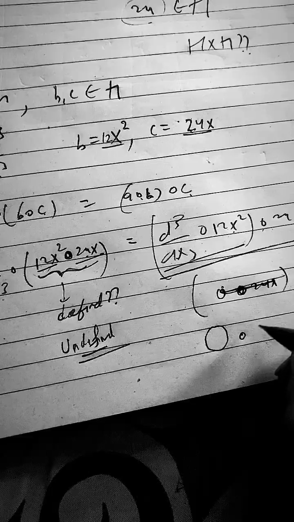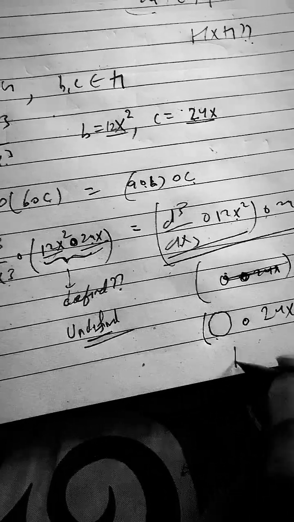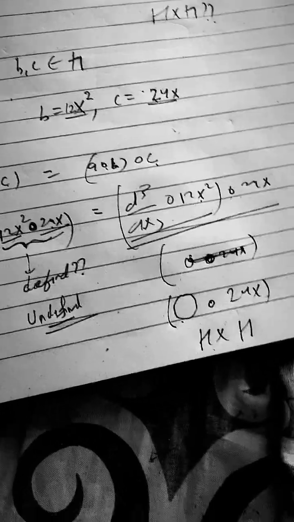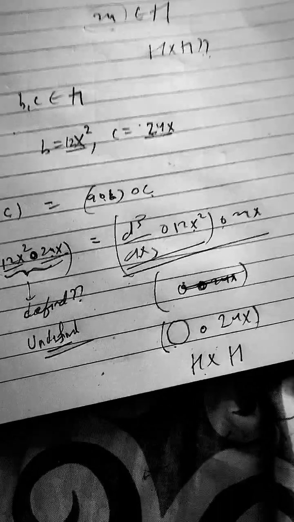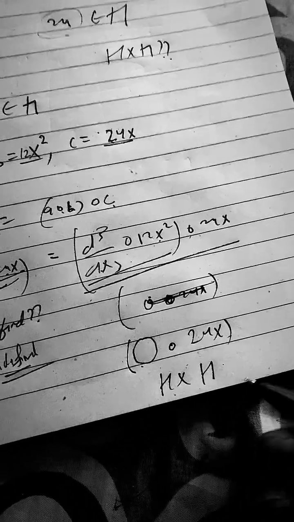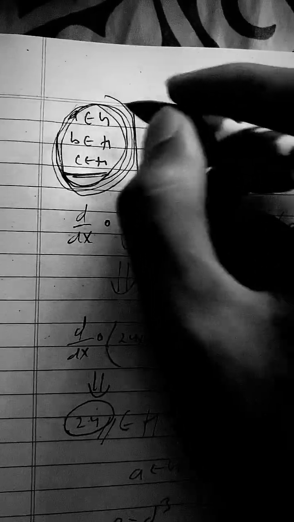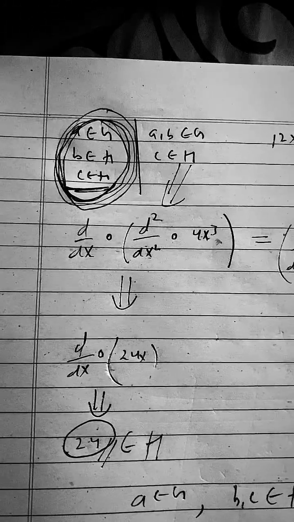Now this operation O acting on this element 24x. What is this? This is again H cross H, and this is again not defined. You see, we don't know what this is. It means the first has failed. We cannot define associativity with respect to this kind of rule.